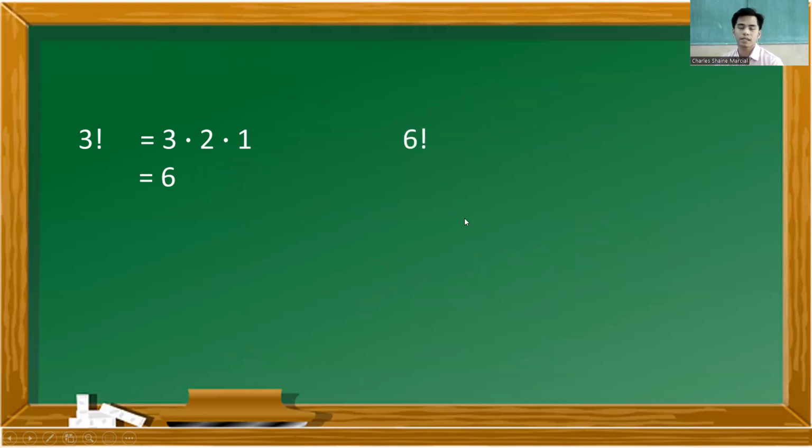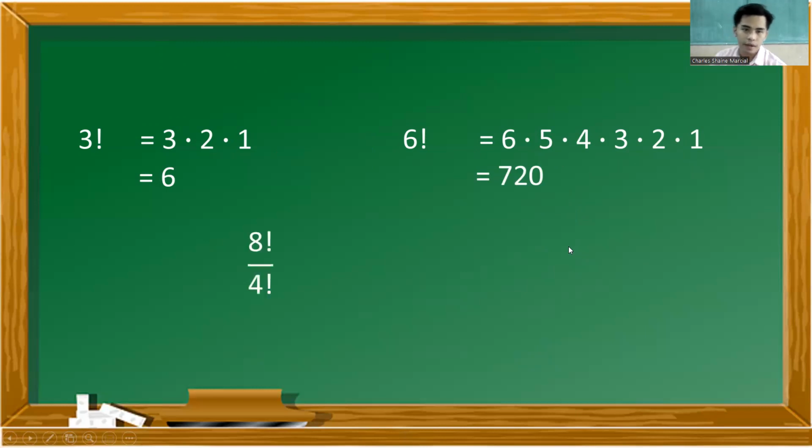Another example, we have 6 factorial. Same thing. We have to multiply 5, 4, 3, 2, 1. So we have 6 times 5 times 4 times 3 times 2 times 1, and that is equal to 720. Next example, we have 8 factorial divided by 4 factorial.